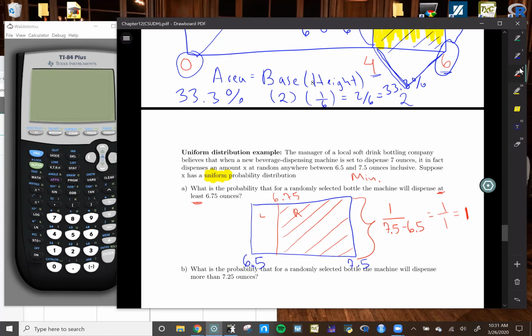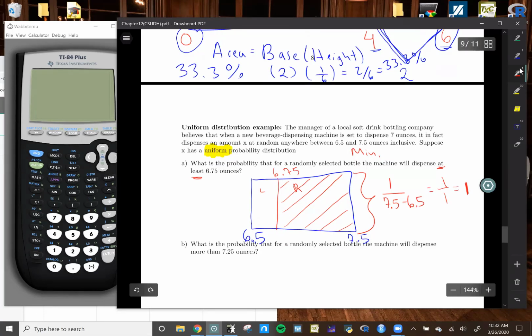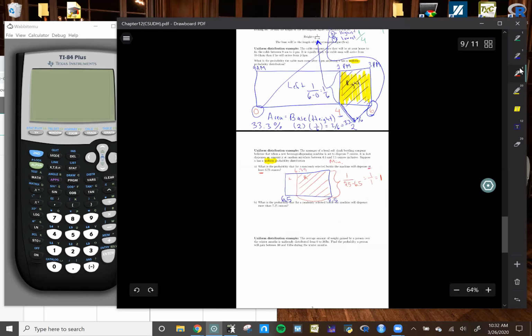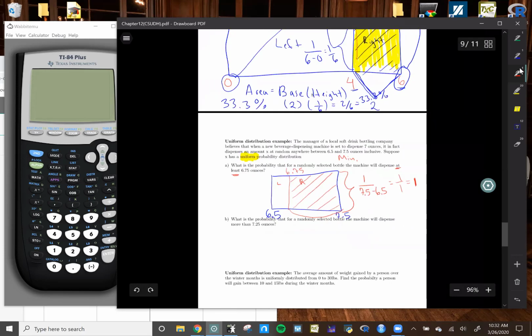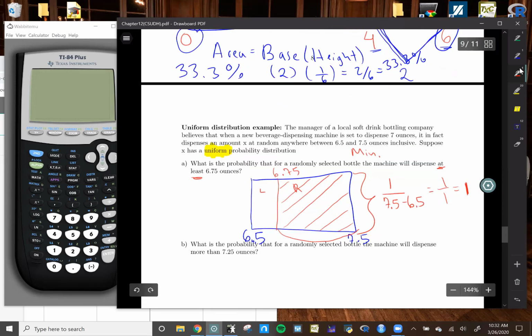Yes. So now we want to find the base. We want to look from 6.75 to 7.5. What's the difference? To do that, we take 7.5, which is the highest value we have, and the minimum that we want is 6.75.